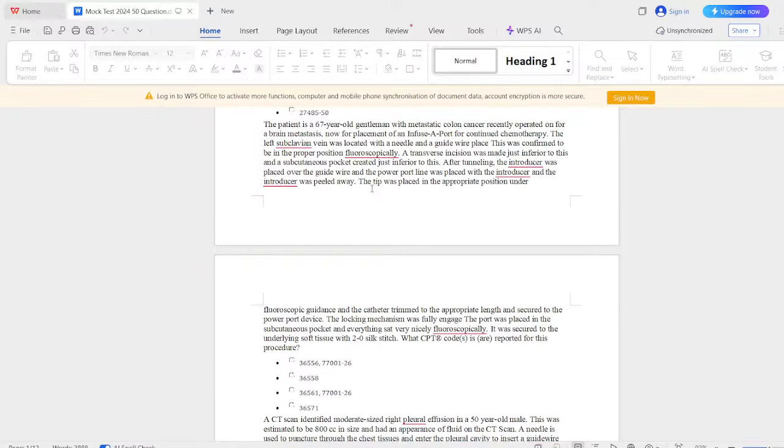A patient is a 67-year-old gentleman with metastatic colon cancer, recently operated on for a brain metastasis. Now, for placement of an implanted port for continued chemotherapy, the left subclavian vein was located with a needle and a guide wire placed. This was confirmed to be proper under fluoroscopy. A transverse incision was made just inferior to the clavicle and a subcutaneous pocket created just inferior to this.